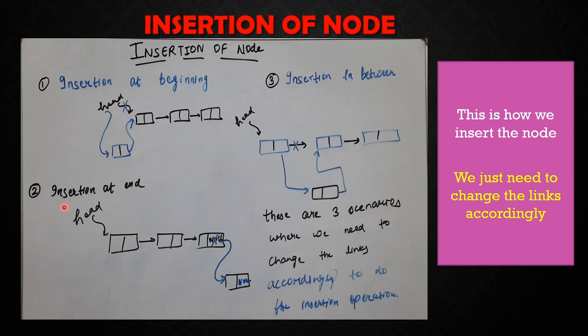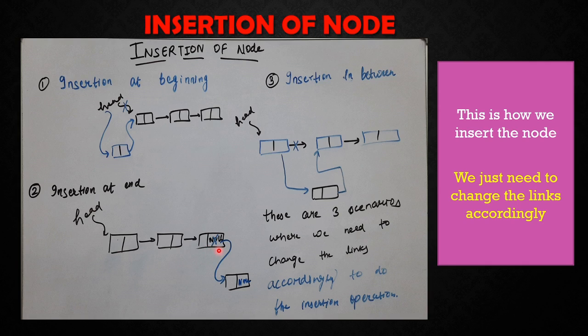Okay, in the second case we have insertion at the end. In the previous video I also discussed this a little bit. What we did in the previous video was basically insertion at the end of the linked list, but again we'll do it separately here. In insertion at the end, we first traverse through the linked list and reach the end of the linked list, or the last node.